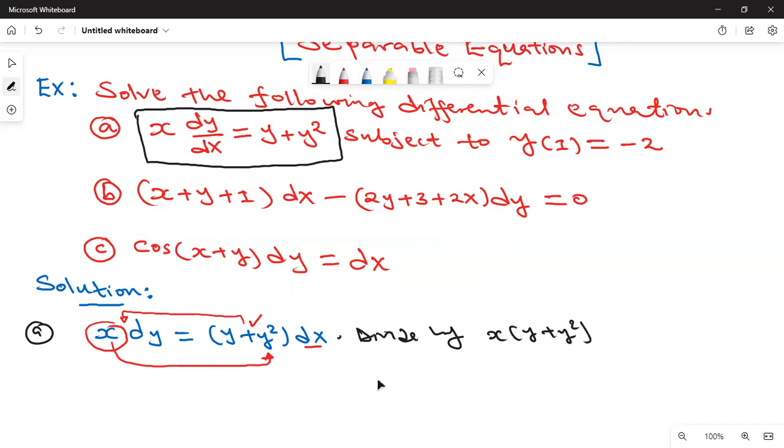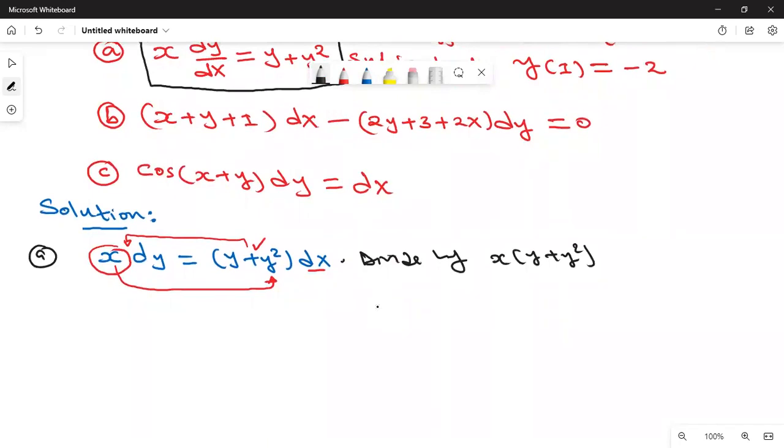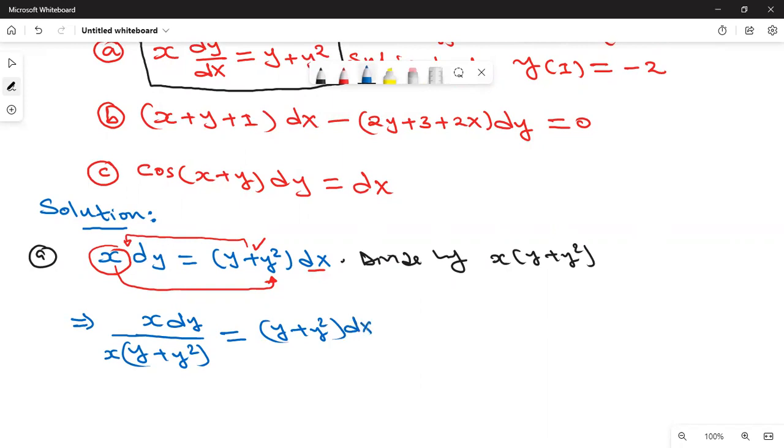So what are we going to get upon division? We are going to get x dy over (y plus y squared) times x is equal to (y plus y squared) dx over x into (y plus y squared).